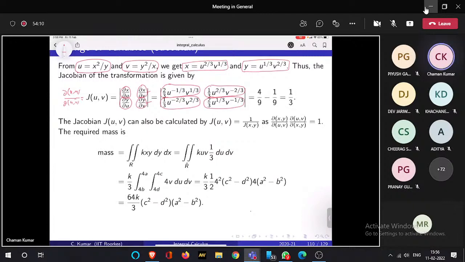And this is the determinant of this quantity. You can solve this determinant, which will come out to be 1/3. Is it fine? Okay, so that means my Jacobian is 1/3.